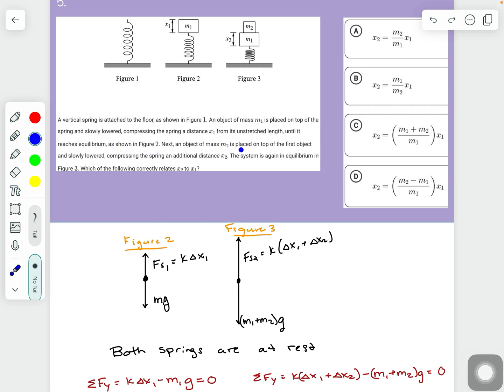Next, an object of M2 is placed on top of the first object and slowly lowered, compressing the spring, and this is where the word we needed to focus on for this problem, if you were so close but didn't get it done, is an additional distance x2. The system is again in equilibrium in figure 3. Which of the following relates x2 to x1?